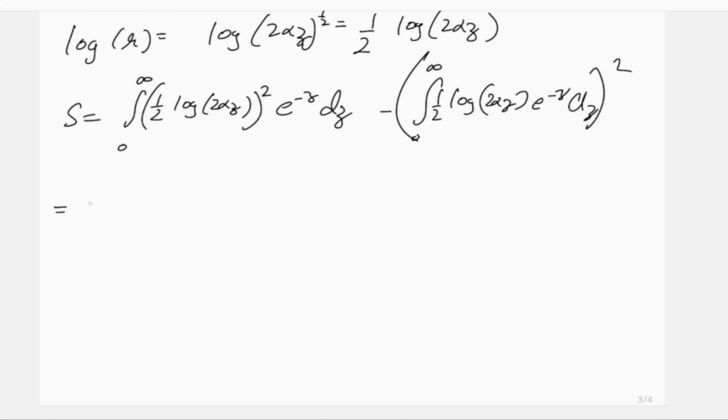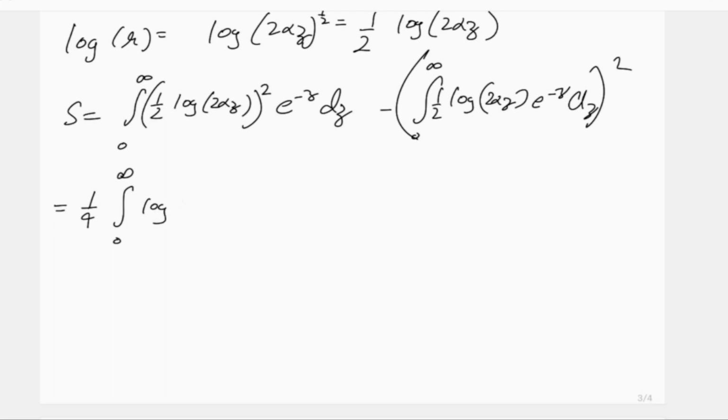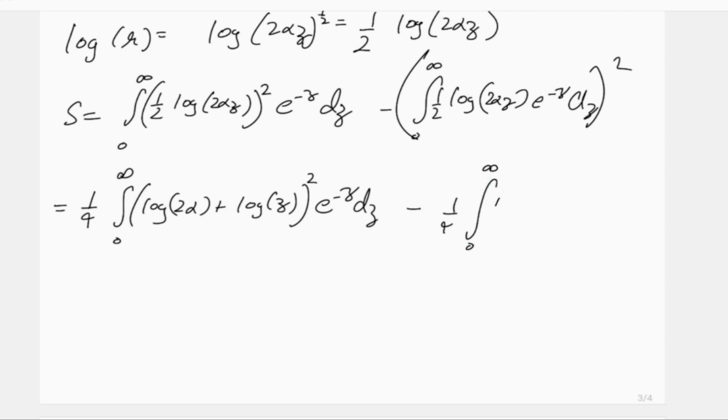So this becomes 1/4 integral 0 to infinity log of 2 alpha z, that I can write as log of 2 alpha plus log z from the laws of logarithms, whole squared e minus z dz, minus 1/4 integral log.